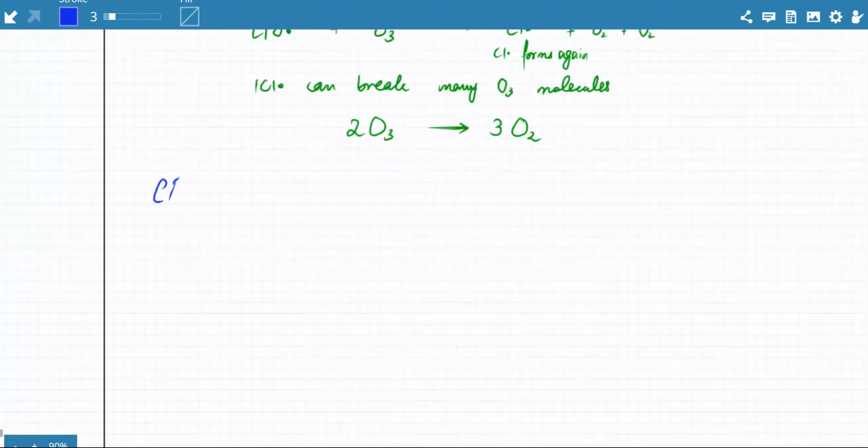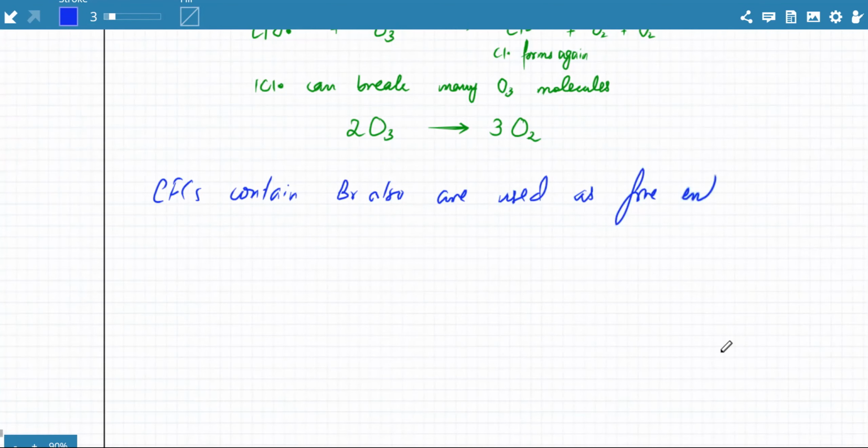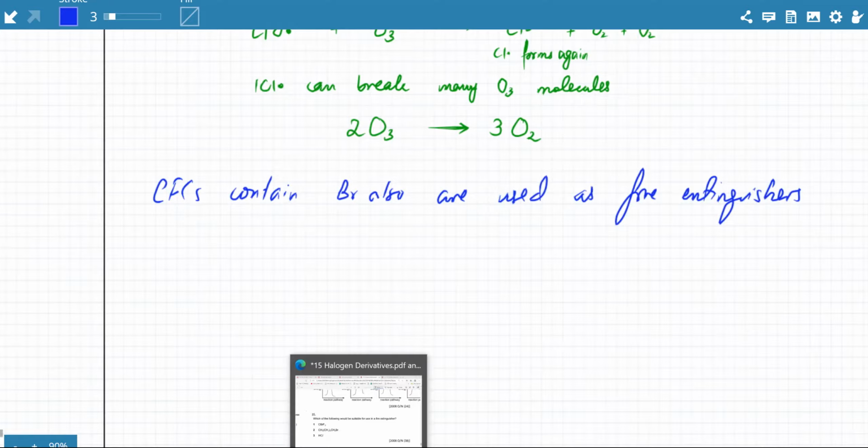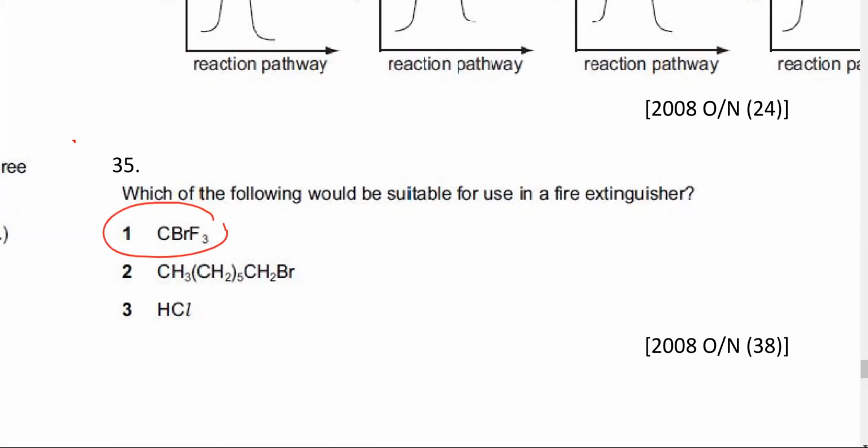Remember that CFCs that contain bromine also are used as fire extinguishers. So remember that CFCs are inert, but those that contain bromine, they are used frequently as fire extinguishers. One definitely correct.